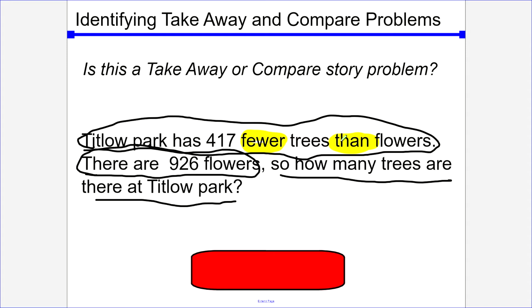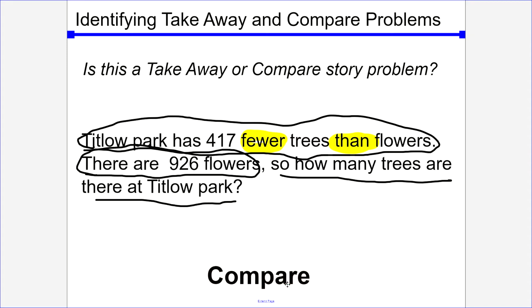There are less trees, so there must be more flowers. I also notice there's no action. There's just this information that shows the difference between the trees and the flowers. That tells us, third grade, what kind of problem this is. Is this a takeaway or a compare problem? This is a compare problem because it has difference words. Fewer than. Let's look at another one.